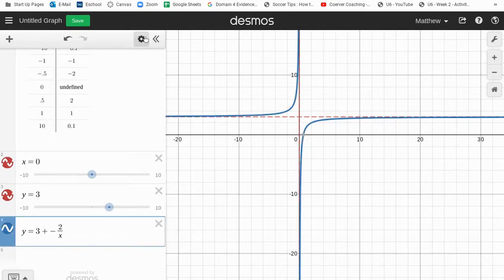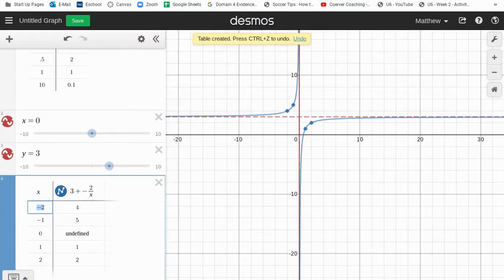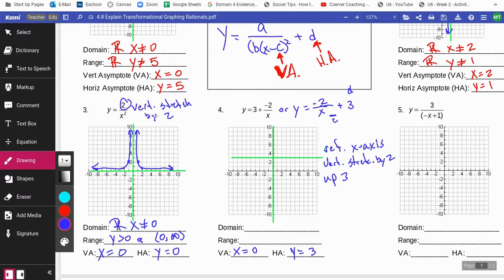Table of values: -1, 5, which is there, and 1, 1, which is there. And so now my graph looks like that. Still in opposite quadrants, but remember this was reflected, so instead of being here, they're there now. And so now my domain and range: all reals, x cannot be equal to 0; all reals, y cannot be equal to 3.